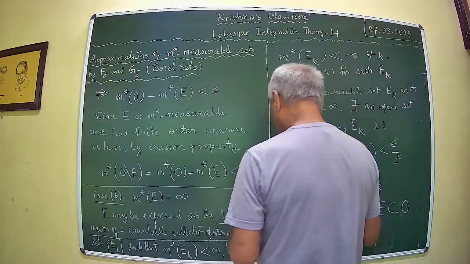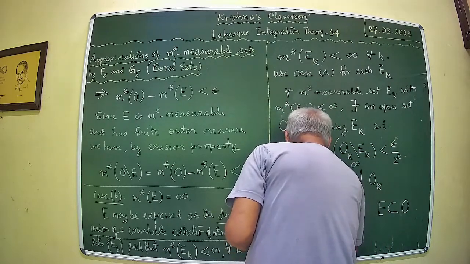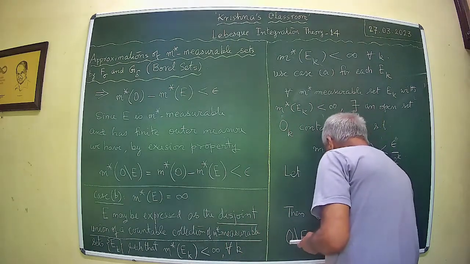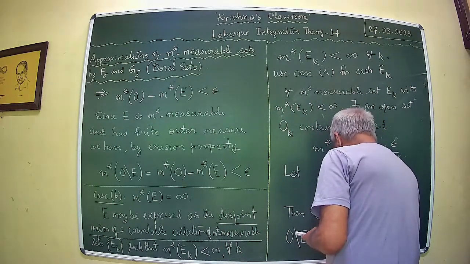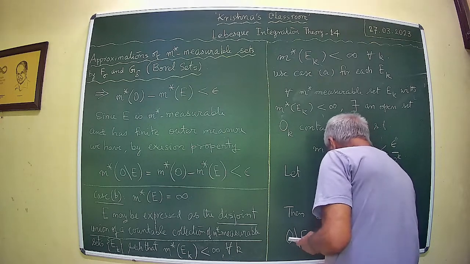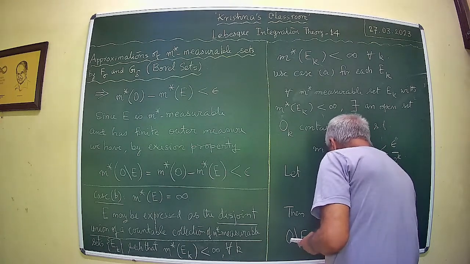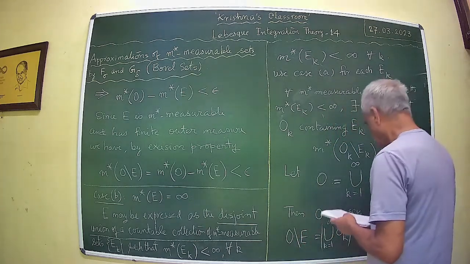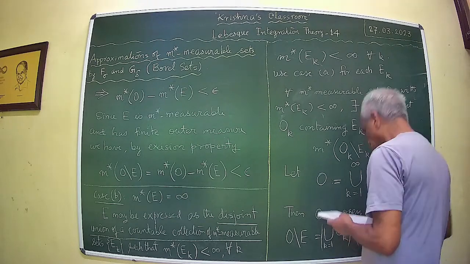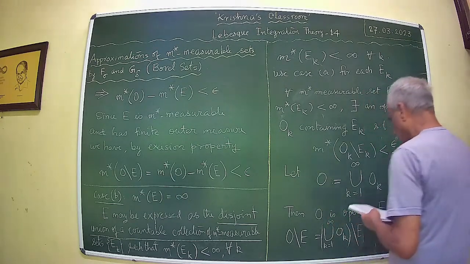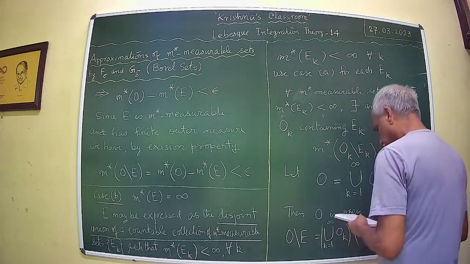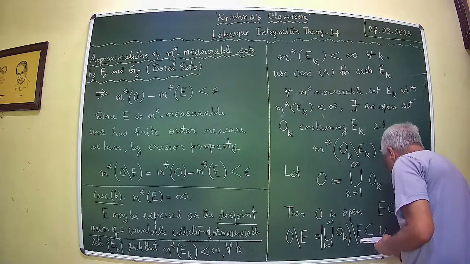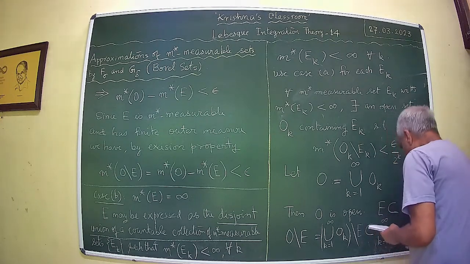And therefore O minus E is contained in the union from k equal to 1 to infinity of O_k minus E_k.